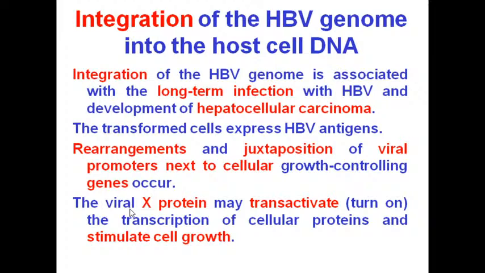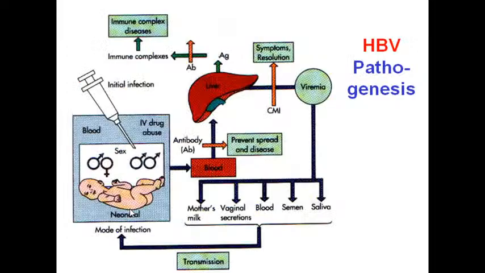That is the possible mechanism of the hepatitis B virus oncogenesis: integration with the host genome, and the activation or transactivation of the genome expression, and as a result, stimulation of the cell uncontrolled growth.